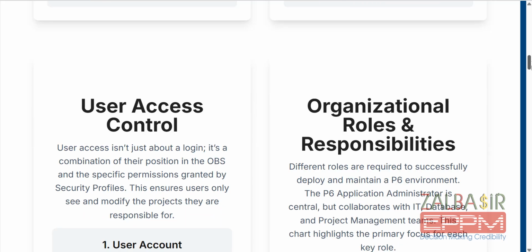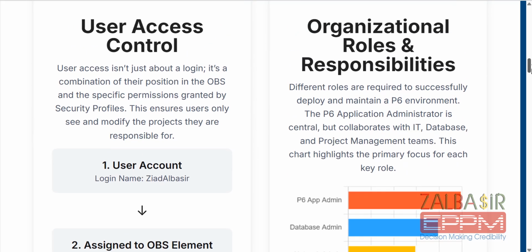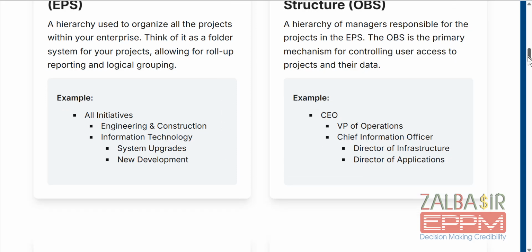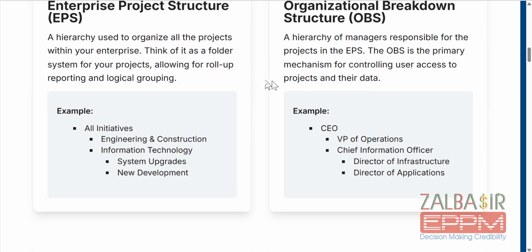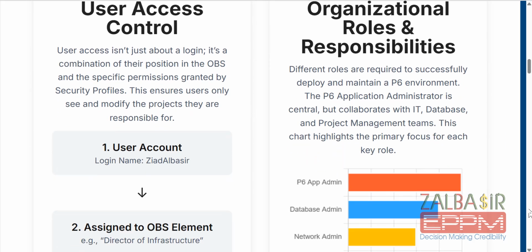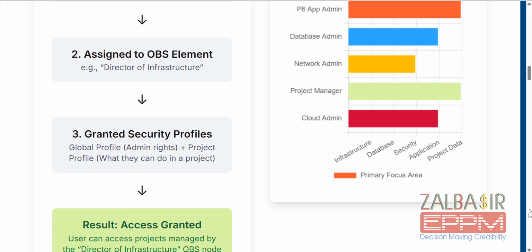Okay, now another thing is user access control. Very important. Now, you create the user account. Okay, then you assign him to an OBS element. It is a must to assign him to an OBS element, so he has a position and he has a name.